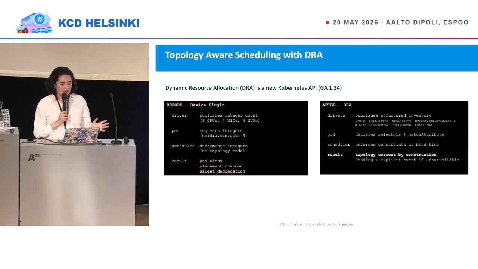So the scheduler now can read this inventory, evaluate your constraints, and place the pod in a node that satisfies these requirements. This eliminates the problem of admission time rejection because DRA is bringing the topology at scheduling time.